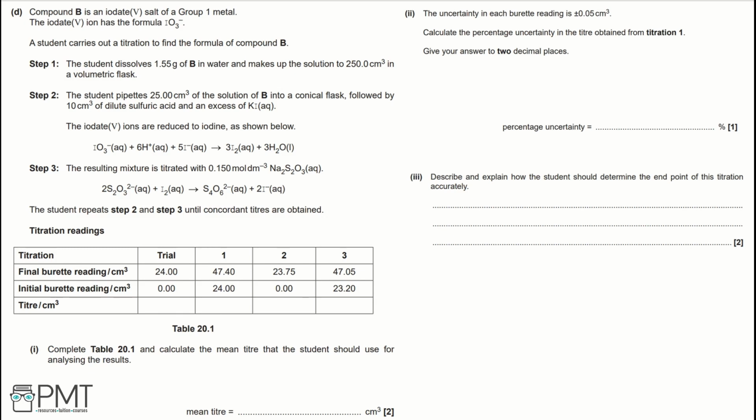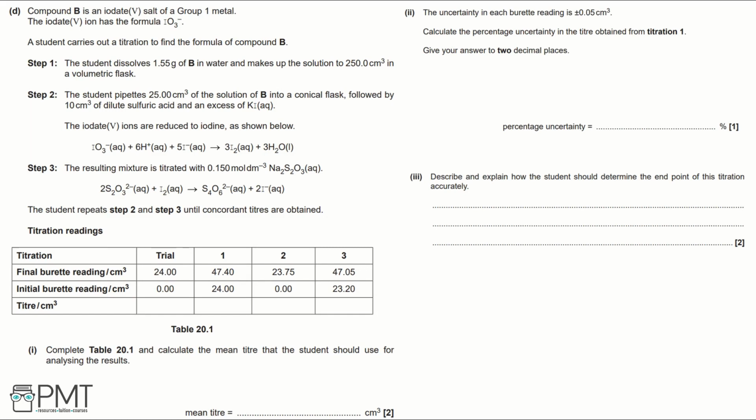The resulting mixture is titrated with 0.150 moles per decimeter cubed Na2S2O3 aqueous. The student repeats step 2 and step 3 until concordant titers are obtained. Part 1. Complete table 20.1 and calculate the mean titer that the student should use for analysing the results.